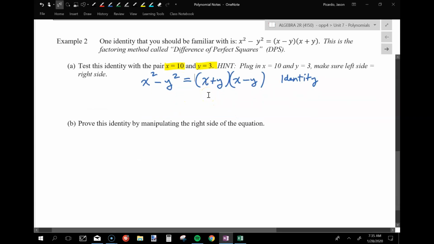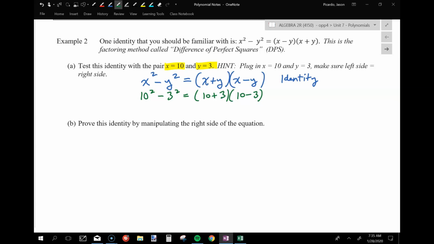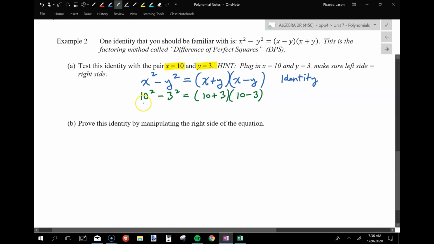So I'm going to plug those values in. 10 squared minus 3 squared is equal to 10 plus 3 times 10 minus 3. So what do we get here? We get 10 squared, which is 100, minus 3 squared, which is 9.